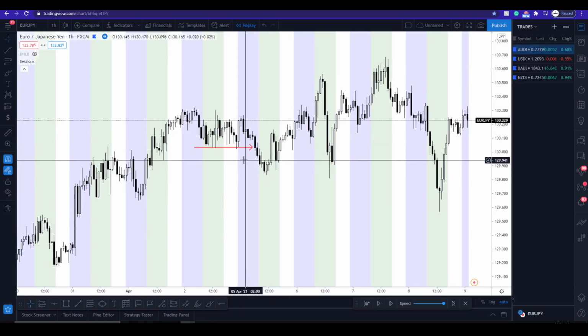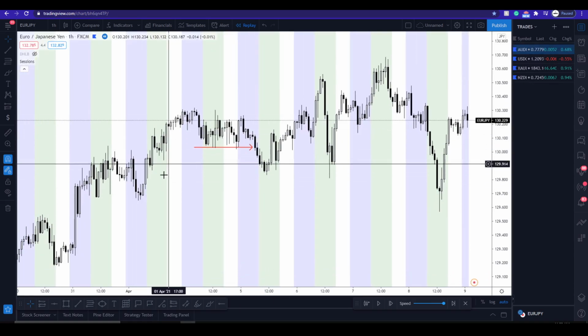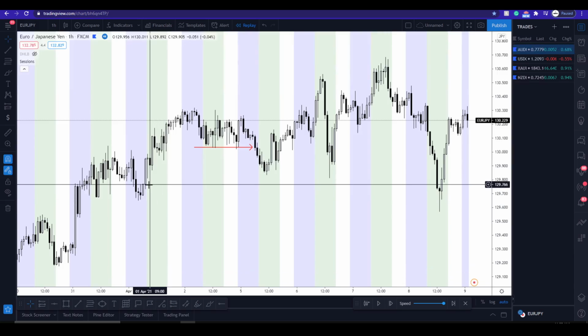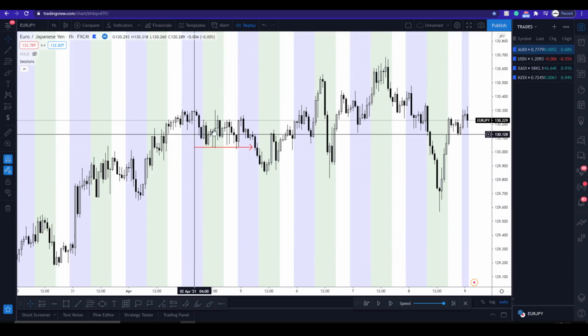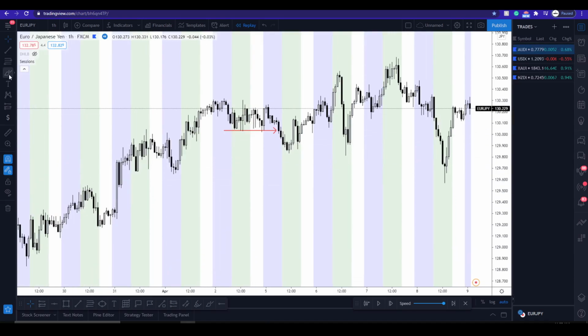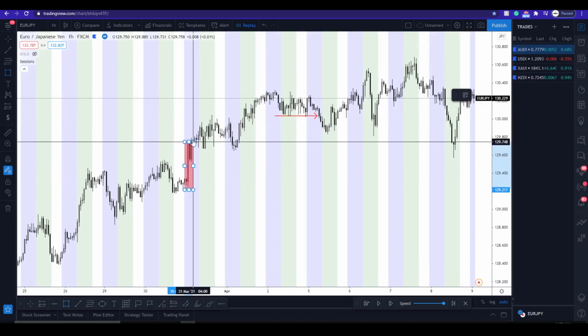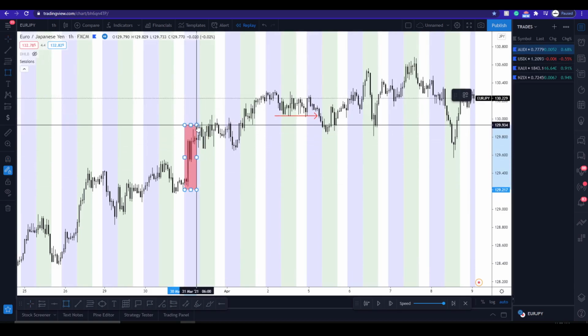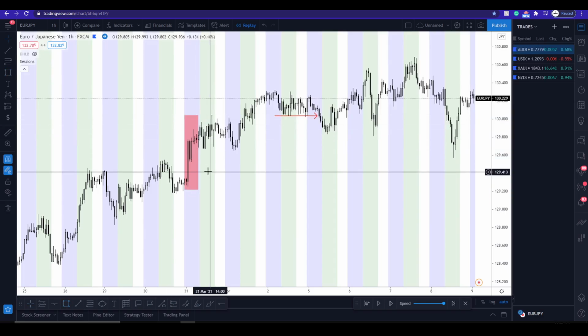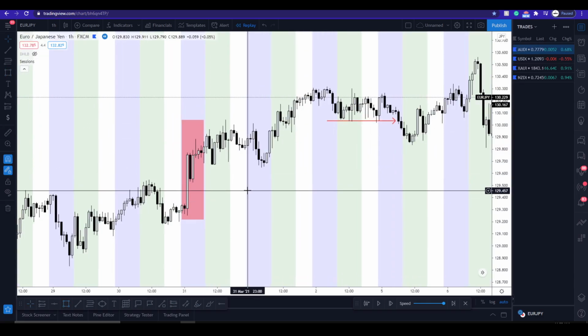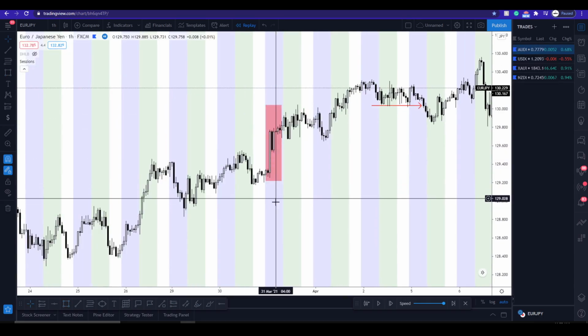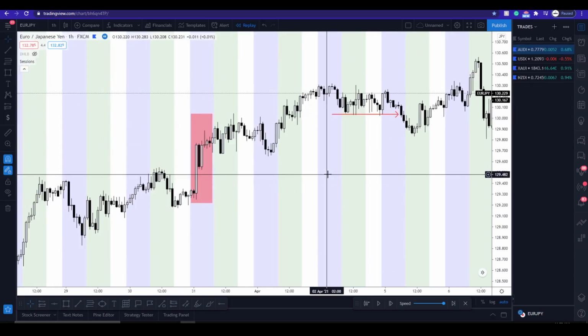So each session has its own objective, but the institutional market cycle owns what the session is going to do. For example, in the institutional market cycle, we can say Asia session right over here basically had its expansion. Why did Asia expand if Asia is known for consolidation? Well, it's because it has objectives of where the market wants to go.